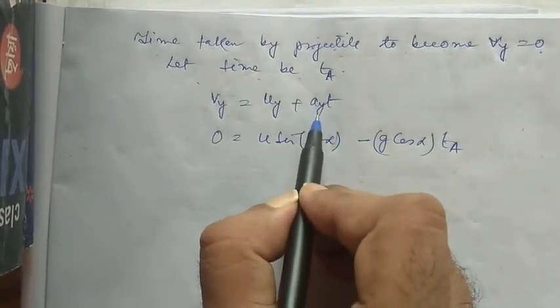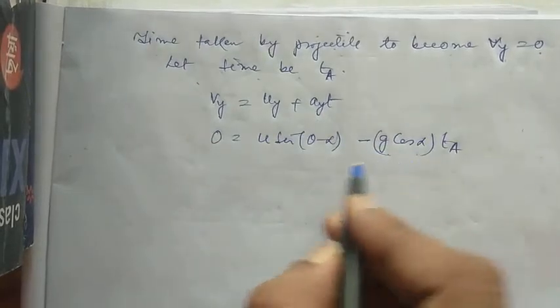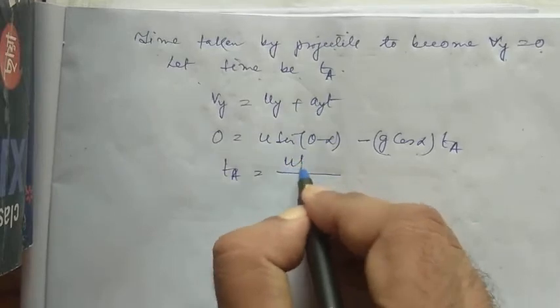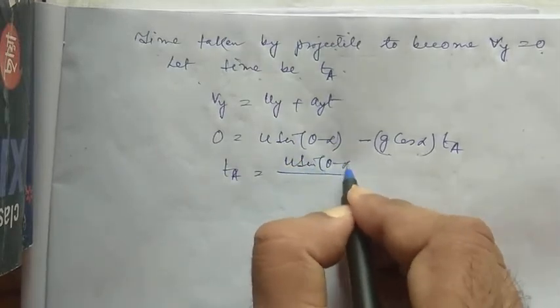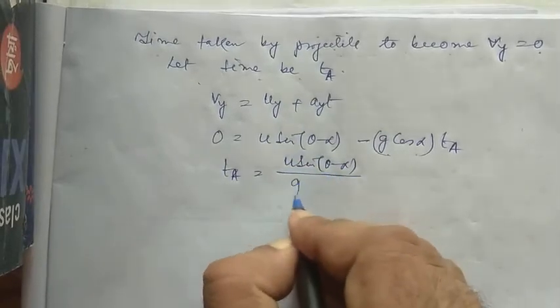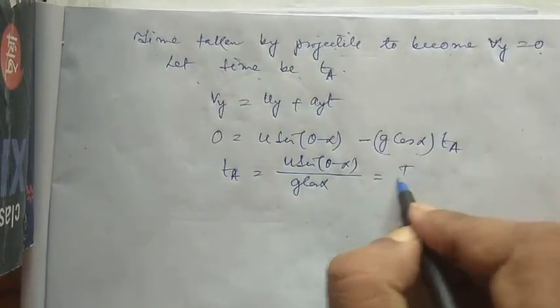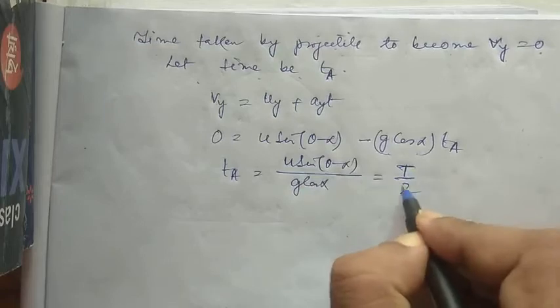Now from this we get Ta is equal to u sine of theta minus alpha by g cos alpha, which comes out to be T by 2, total time of flight by 2.